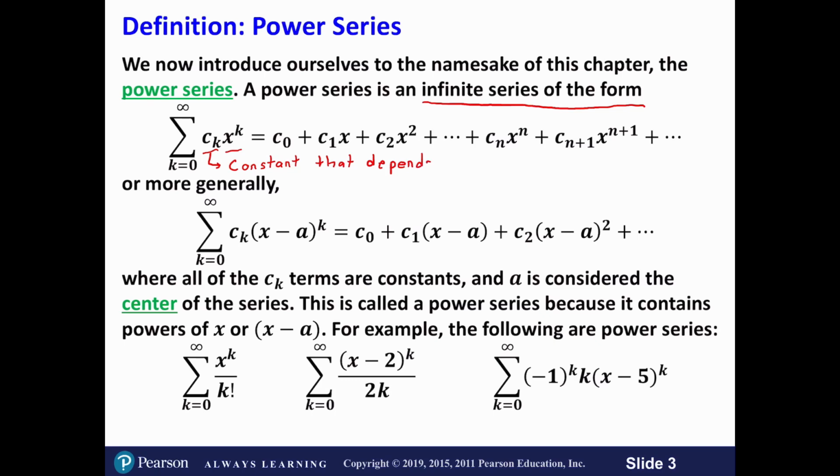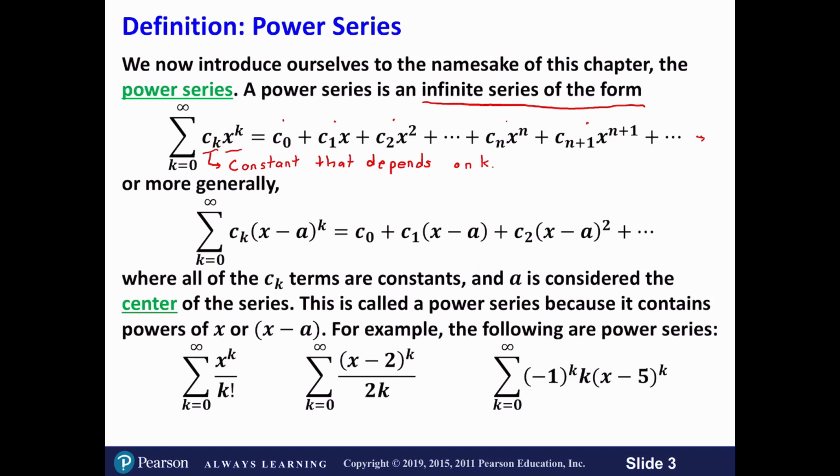Or it might not depend on k. And then x to the k, x is a variable, and k, of course, is just the counting index. So it will look like this in general: c_0 plus c_1 x plus c_2 x squared plus and so on, plus c_n x to the n plus c_(n+1) x to the n plus 1, and this continues on forever.